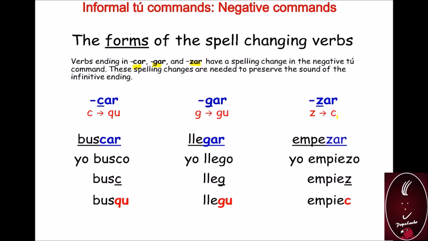And the Z changes to C. And then the third step is use the opposite ending. No busques, because all of those verbs are AR, so we are going to use the ER and IR ending. No llegues, no empieces.